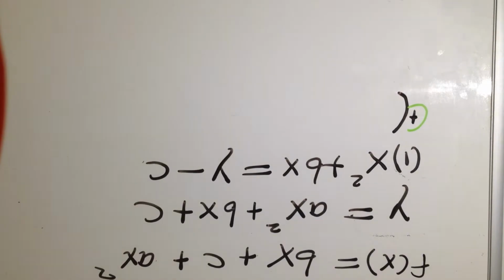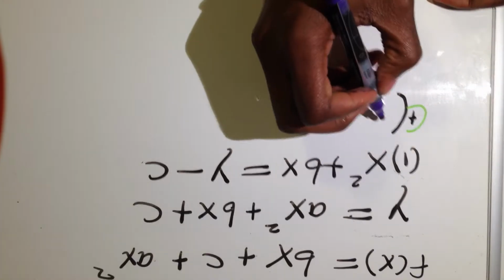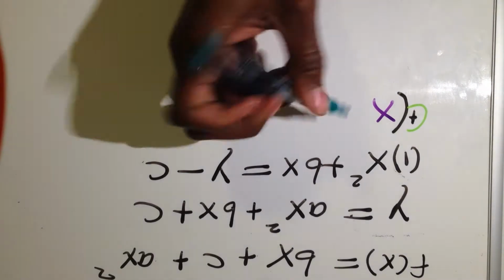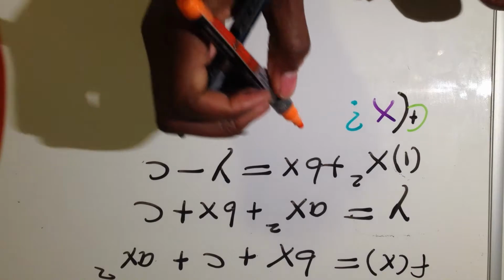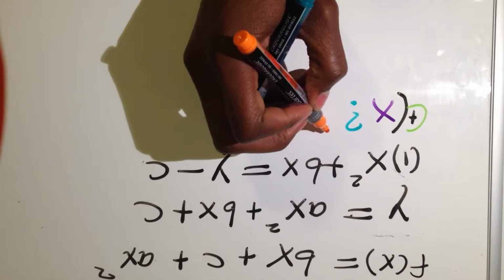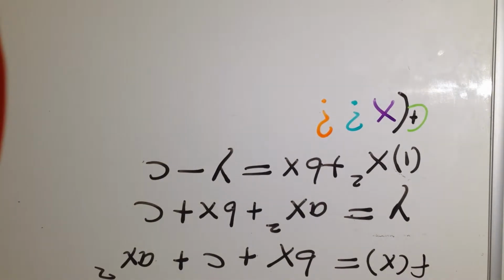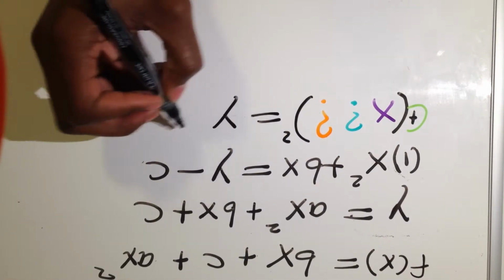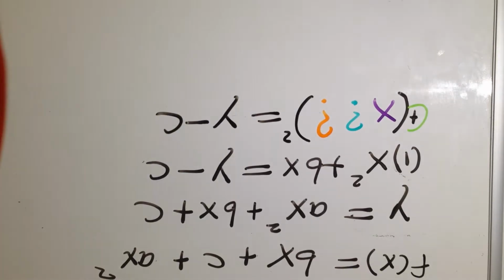So we have three colors. We have our x, we have a question mark, we have another question mark, squared equals y minus c.